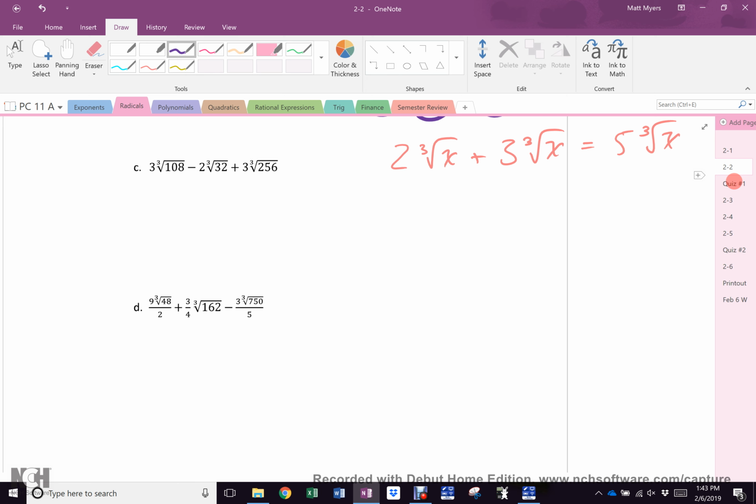Could it happen Friday? No. Why not, Jack Anderson? Because we have a test on exponents on Friday. Could it happen Monday? If I so chose. So your oobleck on radicals will be sometime on or after Monday, Feb 11.